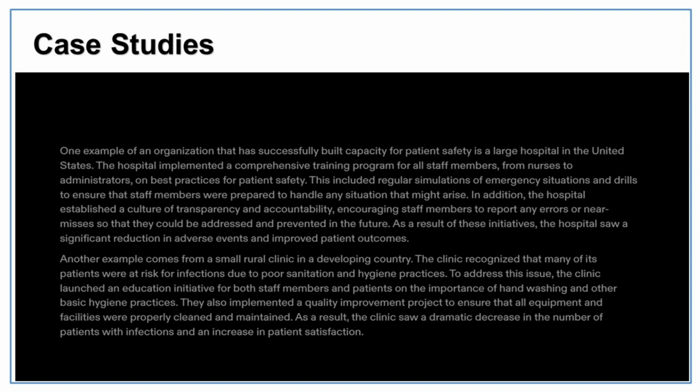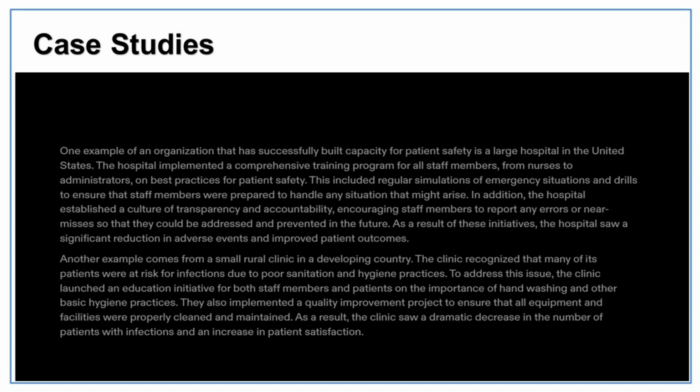They also implemented a quality improvement project to ensure that all the equipment and the facilities were properly cleaned and maintained. As a result of these measures and capacity building, there was a dramatic decrease in the number of patients with infection and increased patient satisfaction.